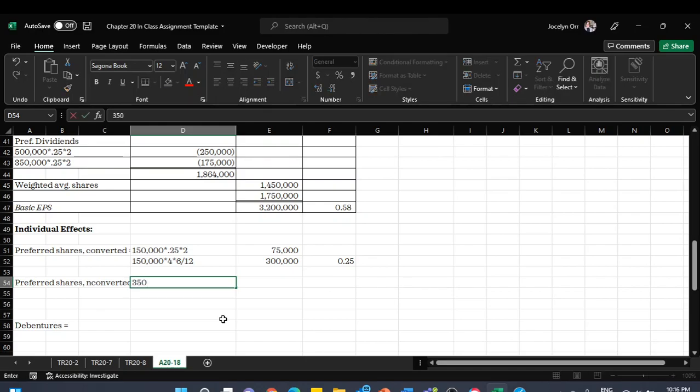So next we're going to look at our preferred shares that were not converted, or unconverted. Okay, that was our 350,000. If they were all converted, we could avoid the entire year's worth of dividends, which amounts to $1.